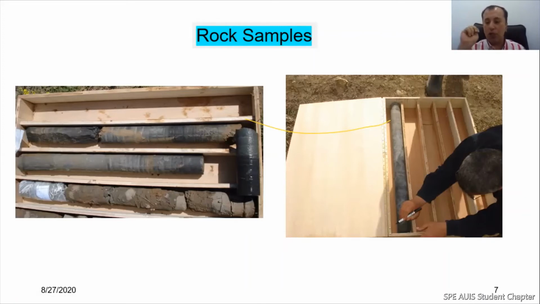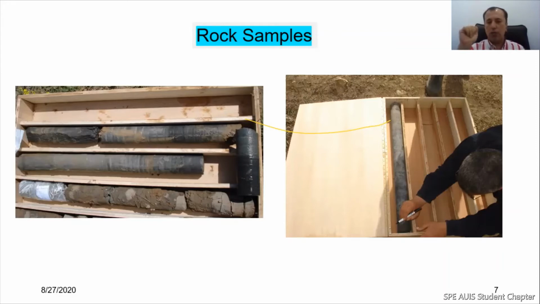Porosity and void ratio. If you know the volume, we'll be able to estimate the amount of oil and gas inside the voids or porosity of the rock in this sample. And then there are other mechanical properties that must also be known.